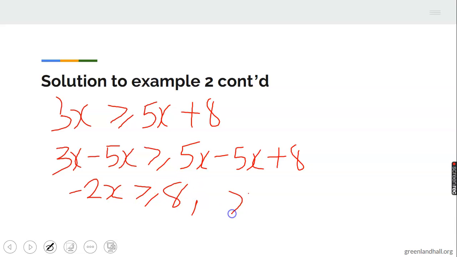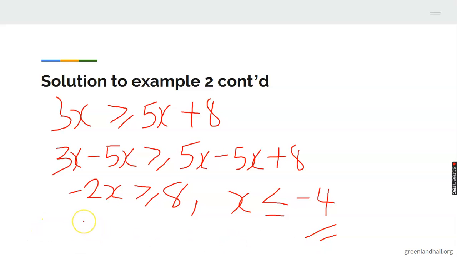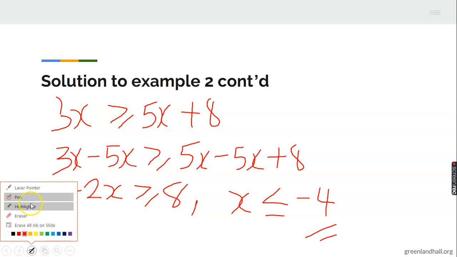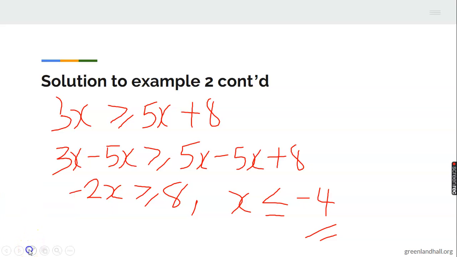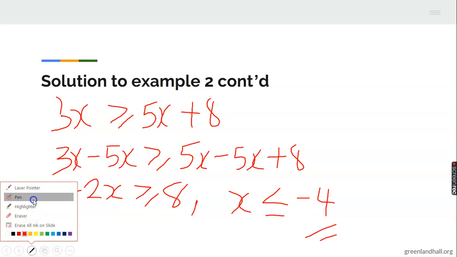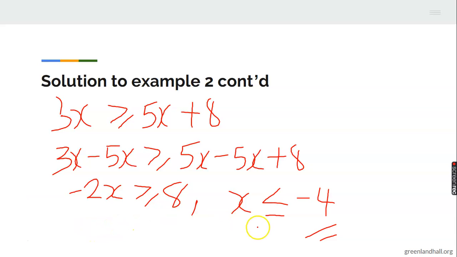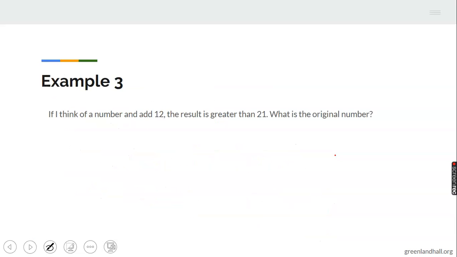So when I divide through by minus 2, that means my x will be less than or equal to minus 4. So that means that number is less than or equal to minus 4. You understand?